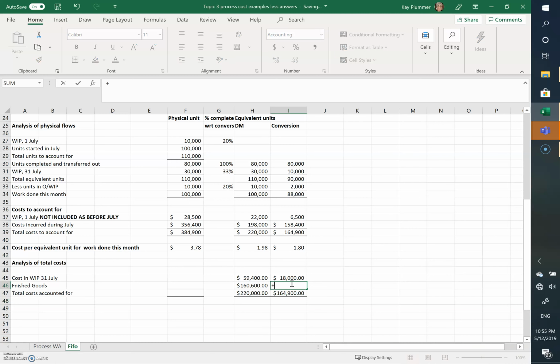And we do that again for the conversion costs. So we get the amount that's gone to finished goods. So now we can put in our totals.